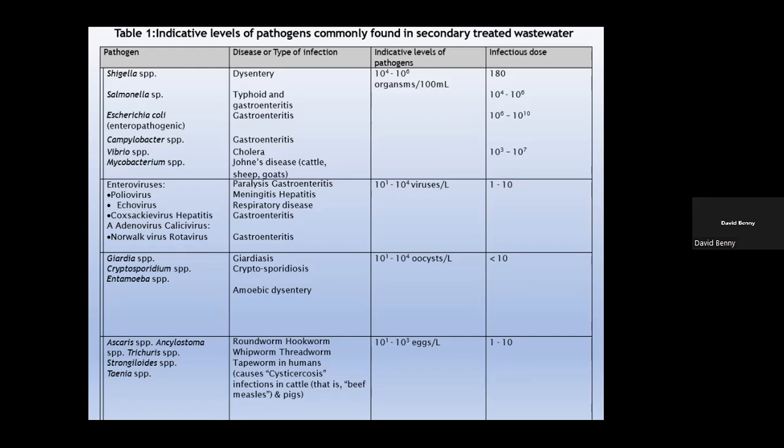So as you can see, in the higher life organisms, the infectious dose is much smaller, but it can be detrimental to both humans and animals.